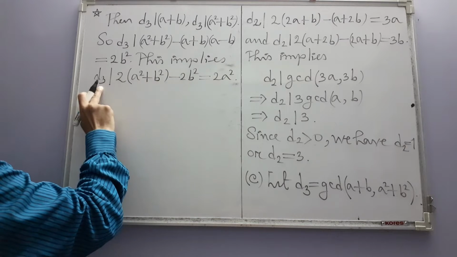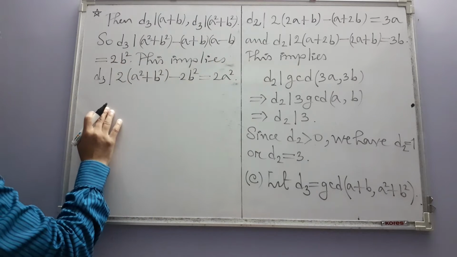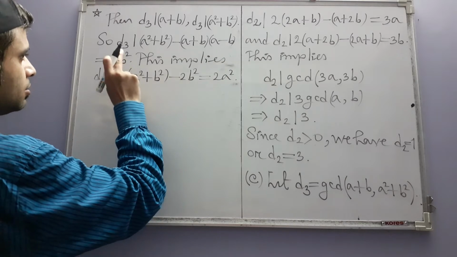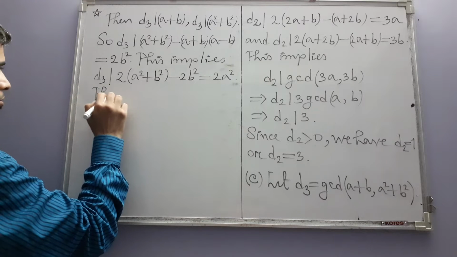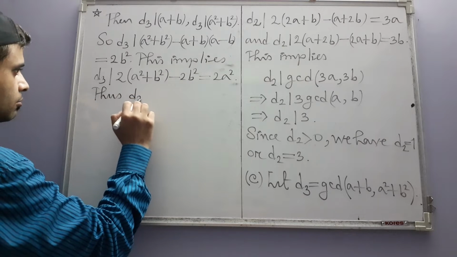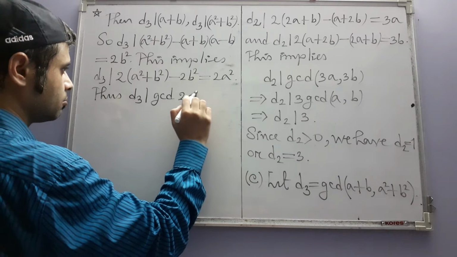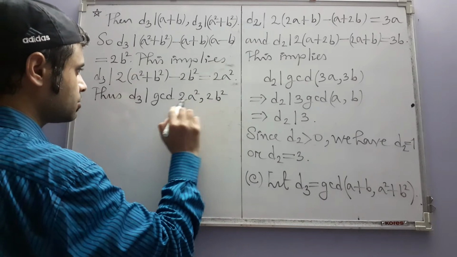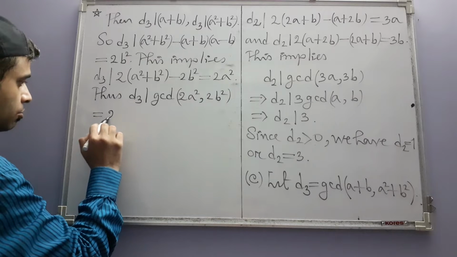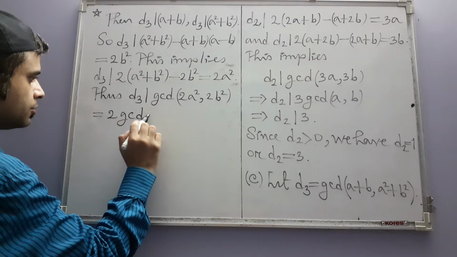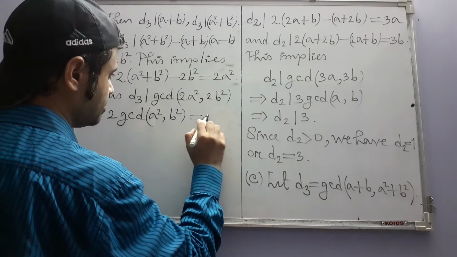This part that d3 divides this is coming from here, and this one, of course, we have already proved it. So now d3 divides both 2a squared and 2b squared. Thus it would divide the greatest common divisor of 2a squared and 2b squared, which is equal to 2 times, like before, GCD of a squared and b squared, and that is equal to 2.